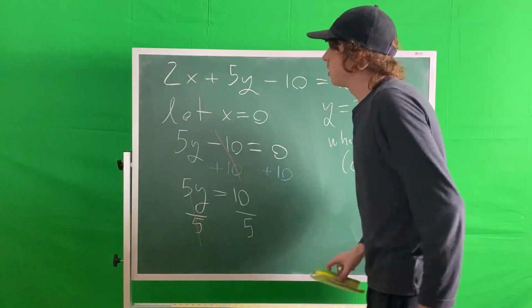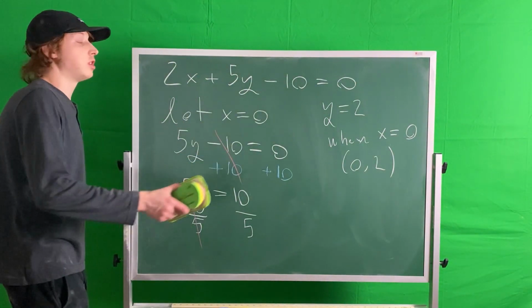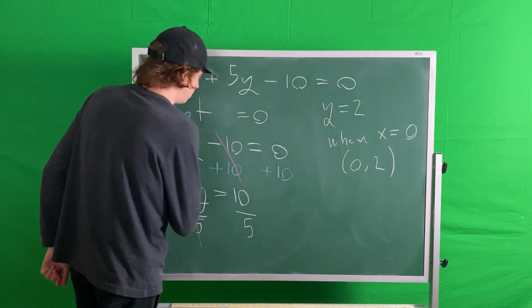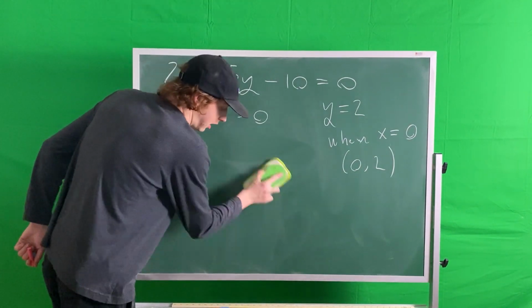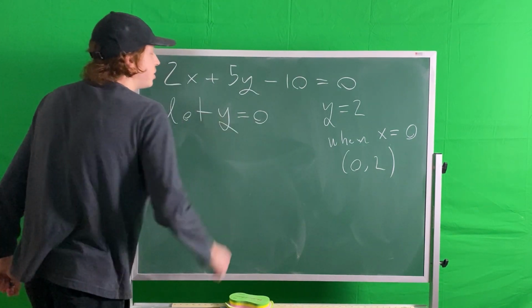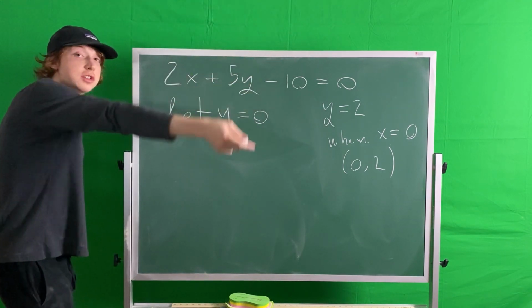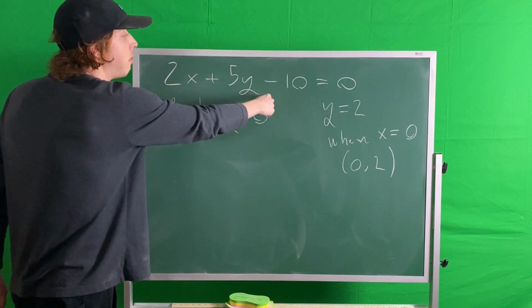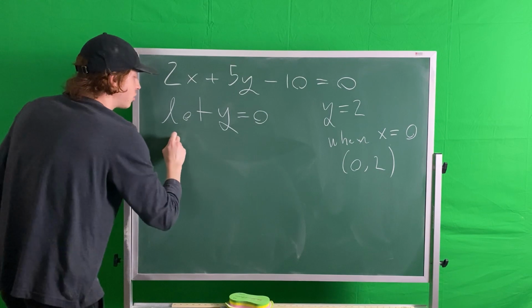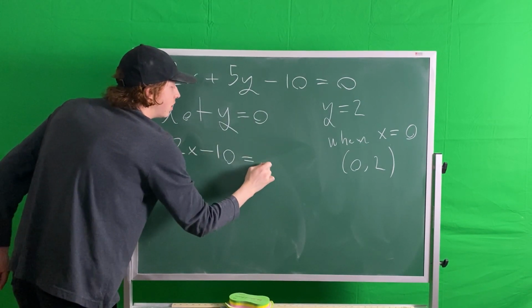All right, now we can find out what x is when y is equal to 0. So y is equal to 0, so that is now 0. 5 times 0 is 0, so we're left with 2x minus 10 is equal to 0.